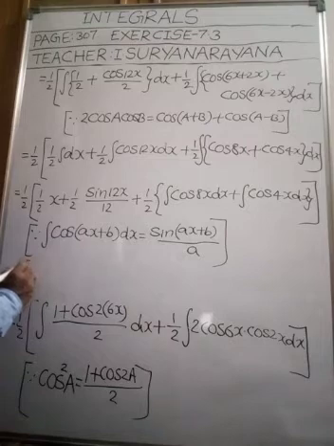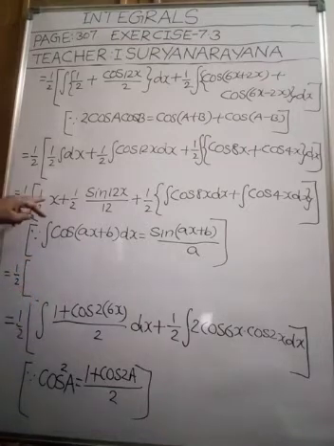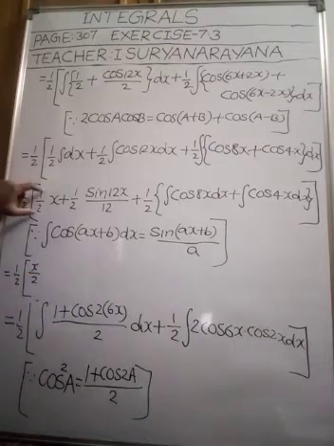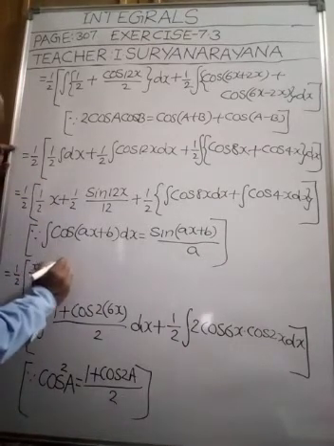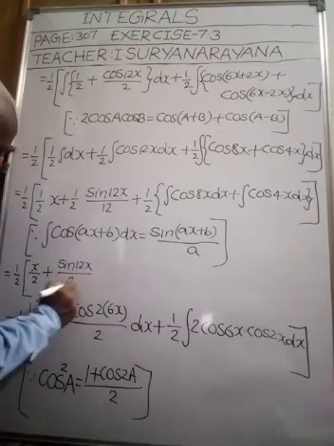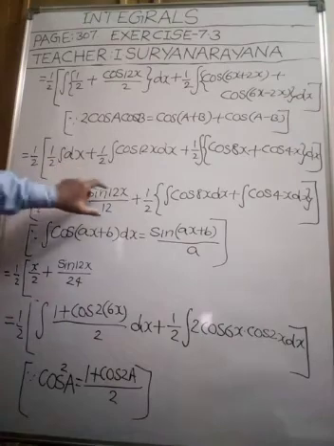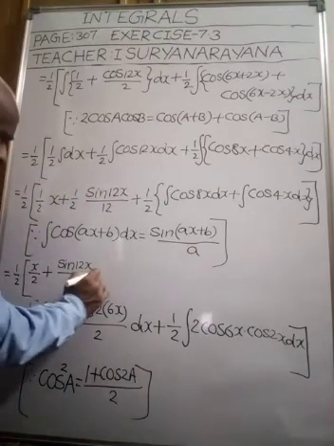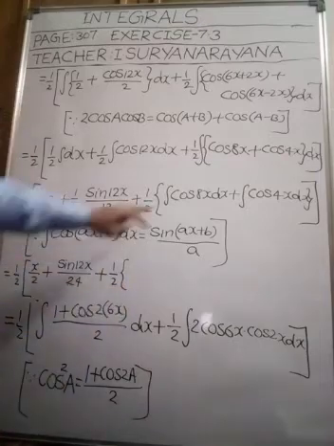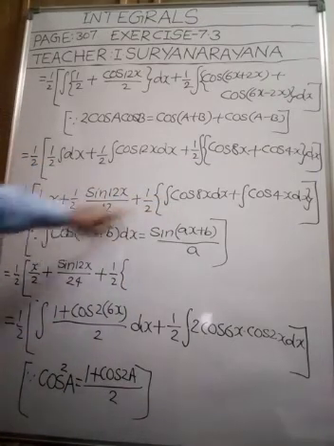1 by 2 into, let us simplify the terms, x by 2. Understood this first term, children? x by 2 plus sin 12x by 24. Understood, my children? Plus 1 by 2. Again, it is in the form of cos of ax plus b.